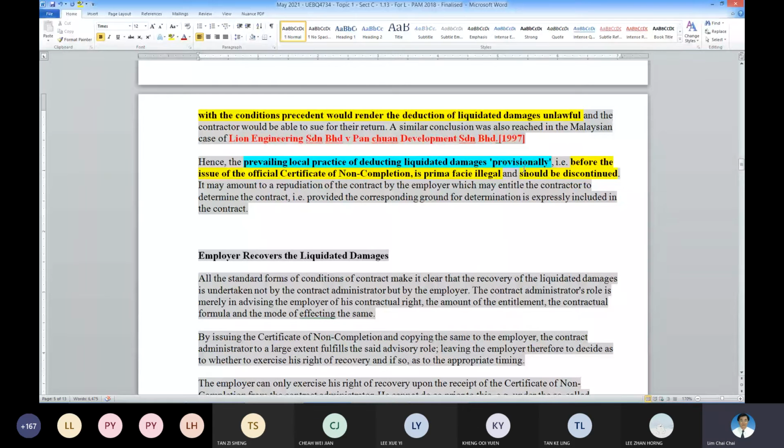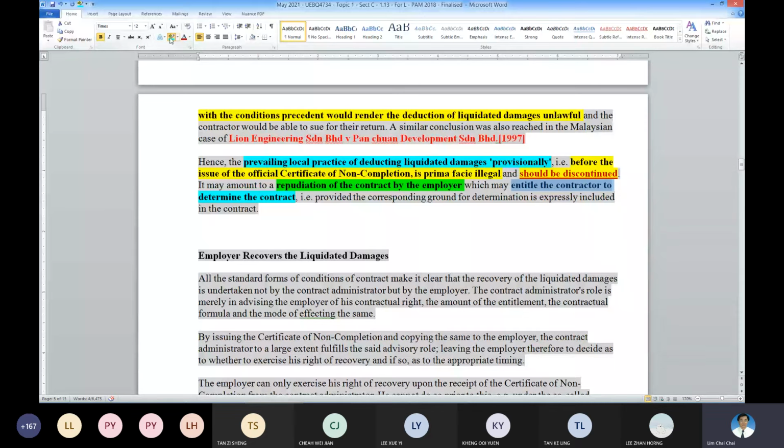It amounts to repudiation of the contract by the employer. It means that the contractor can make use of this ground to terminate the contract. That means entitling the contractor to determine, or to end, the contract, provided the corresponding ground for determination is expressly included in the contract.